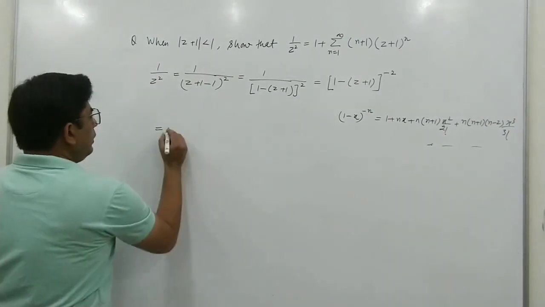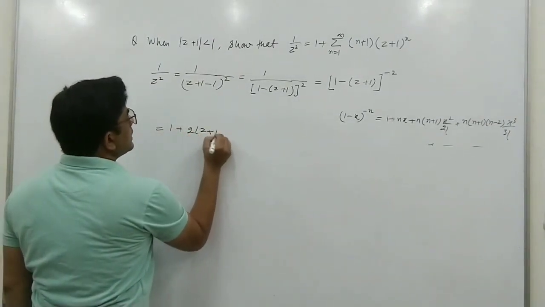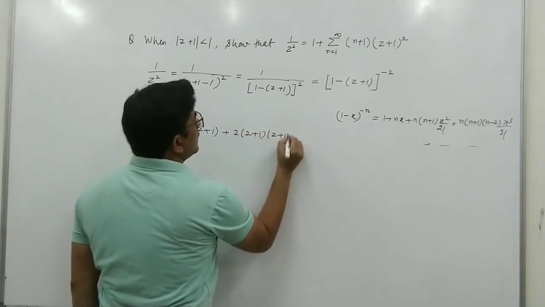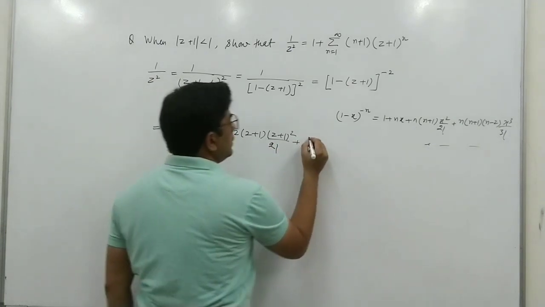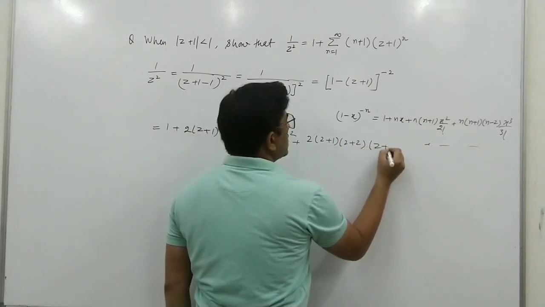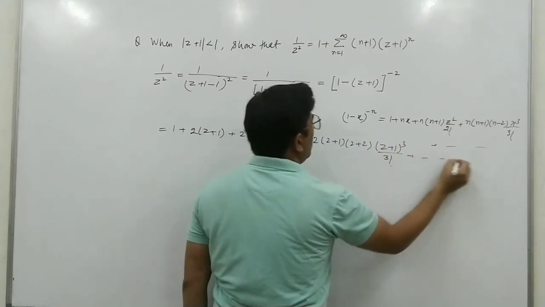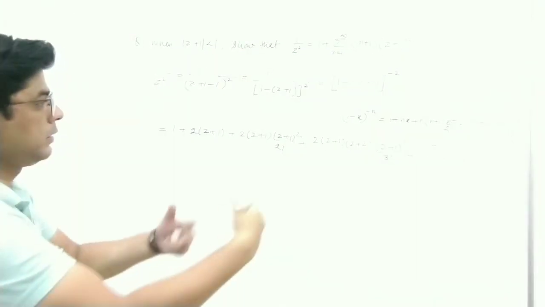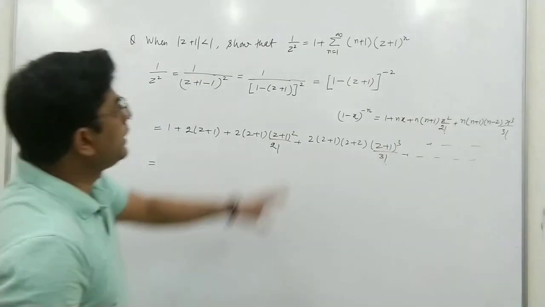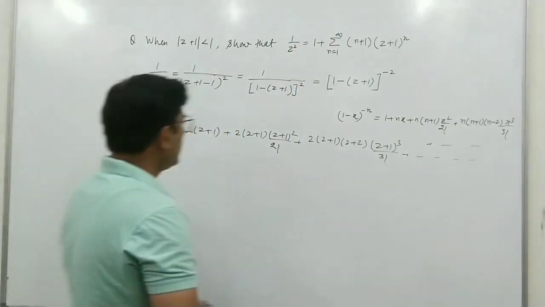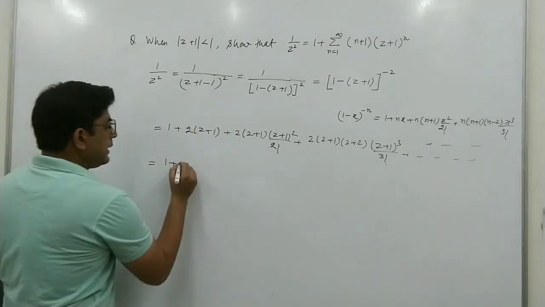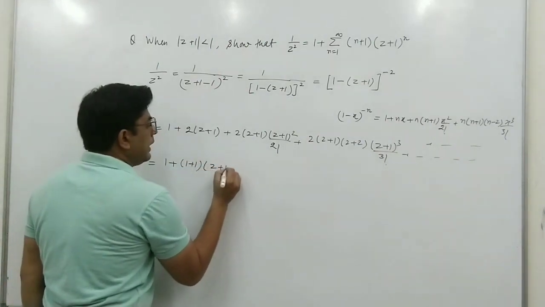So this is equal to 1 plus 2 (z plus 1) plus (2 plus 1)(z plus 1) square upon 2 factorial plus 2(2 plus 1)(2 plus 2)(z plus 1) to the power 3 upon 3 factorial. We can also write similarly other terms. Now we want to write in the form of this summation. Okay, so here we can write this 2 as 1 plus 1, and this is z plus 1.